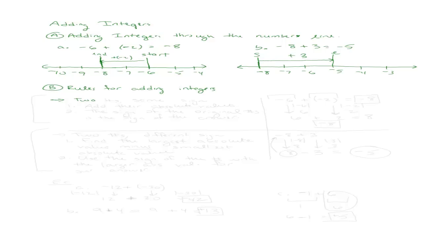Case 1 is when there are two numbers we're adding, and both numbers have the same sign. A good example of that, and I'm going to write example on the right, is that example we did up above with -6 plus -2. Two numbers, and both numbers have the same sign. They're both negative in this case. So here's what we're going to do. Step 1 is we are going to add their absolute values.